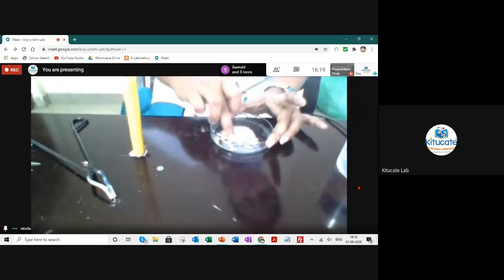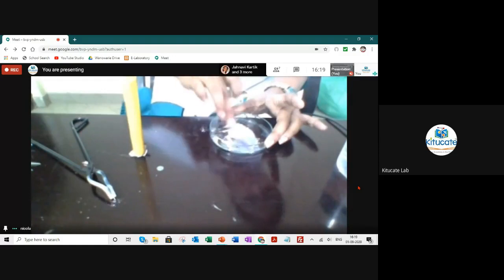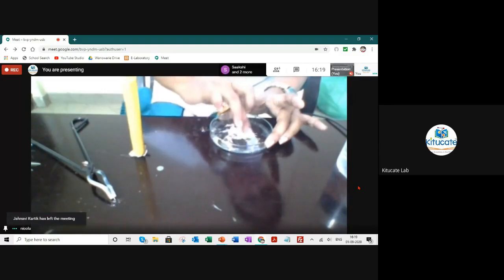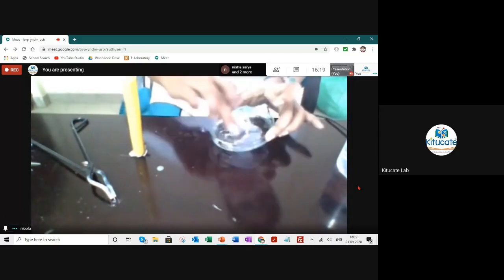So we had magnesium, we burnt it, we got magnesium oxide. Now we are mixing magnesium oxide with water to make magnesium hydroxide. Okay. And then we will use a litmus paper to test the product which is formed, whether it's an acid or a base. Do you all know how litmus paper works?